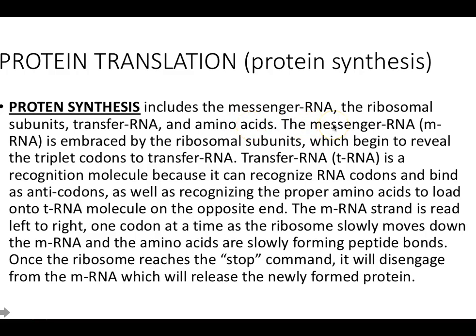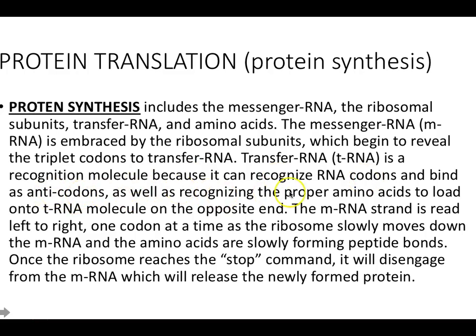The messenger RNA is embraced by the ribosomal subunits when it comes into the cytoplasm. The transfer RNA, or tRNA, is a recognition molecule. It can recognize the RNA codons, and it can bind as anticodons.